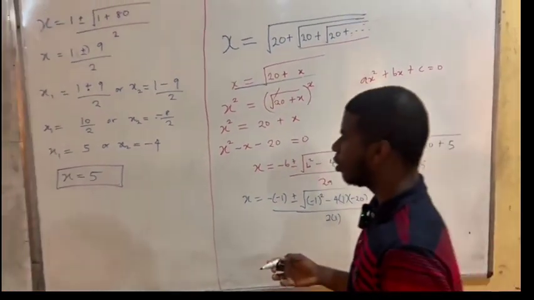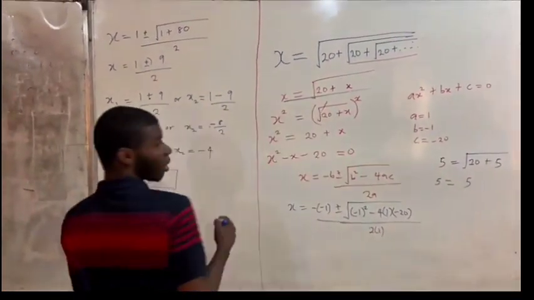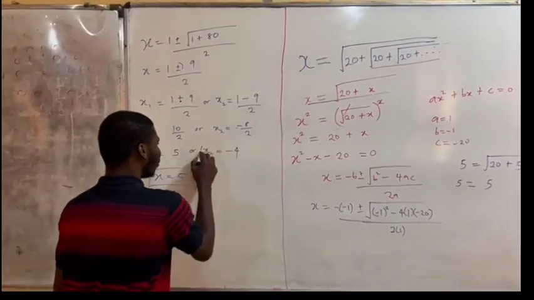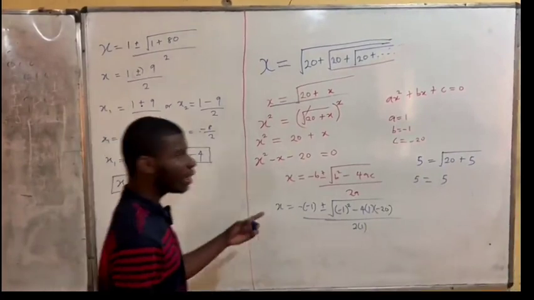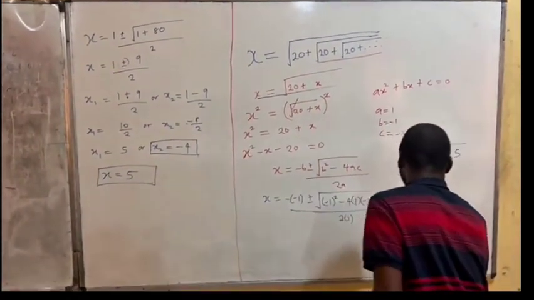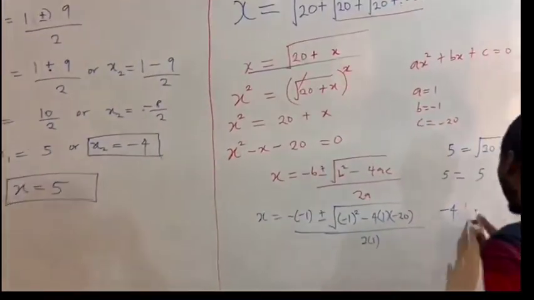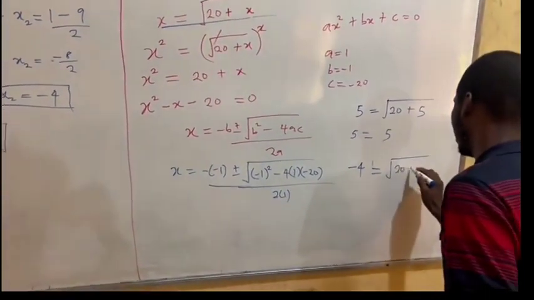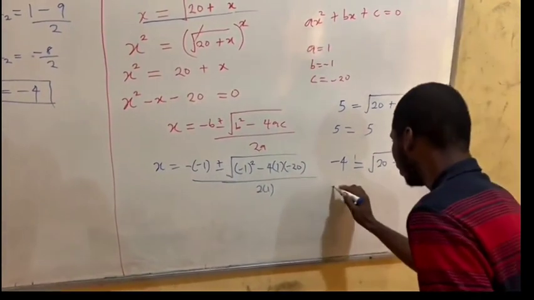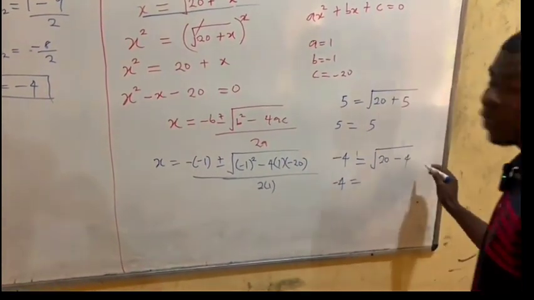But the question you should ask yourself is, why did we discard minus 4? If you check, let's say minus 4 equals the square root of 20 minus 4. Minus 4 equals the square root of 16, since 20 minus 4 is 16.